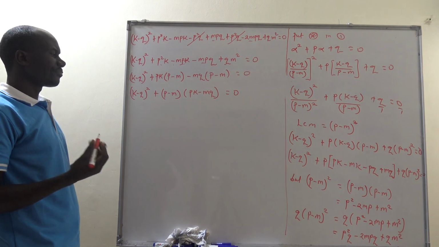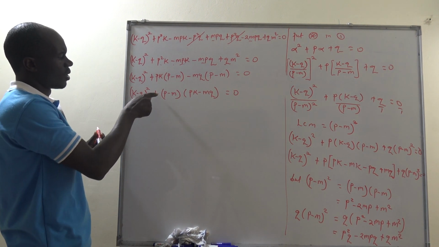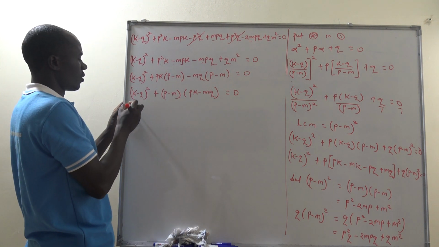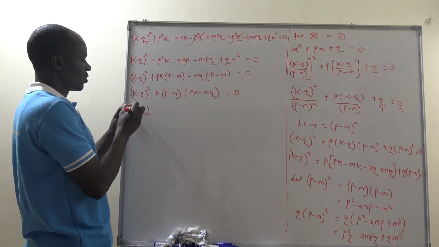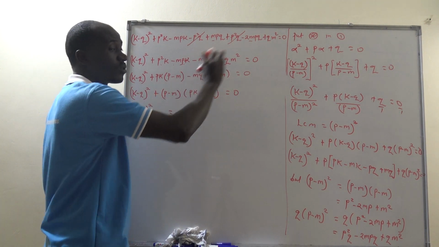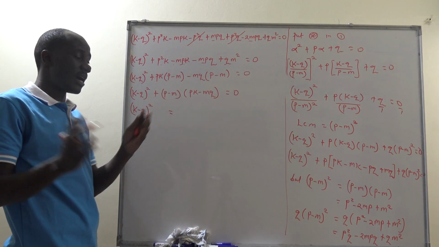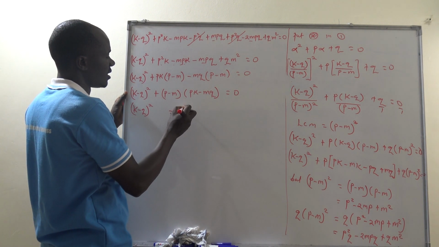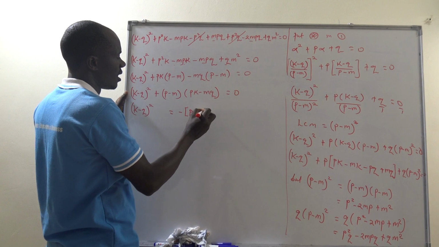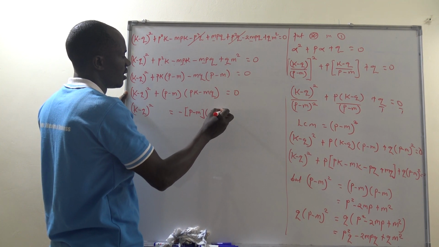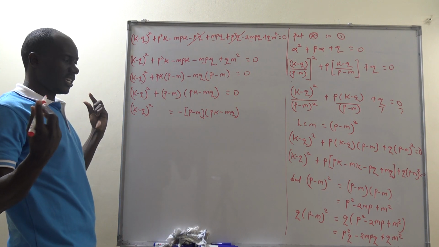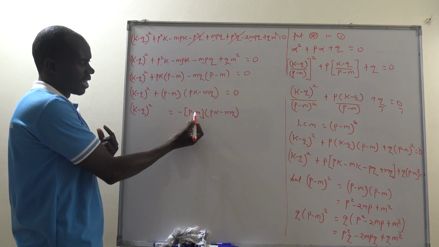So from there, look at this scenario. This one is positive. When it goes out, it becomes what? It becomes a negative. So we're going to have (k − q) squared equals, because it's positive, when it crosses the equal sign, automatically it becomes a negative. So we have a negative into (p − m), again into (pk − mq). By seeing a negative here, we insert the negative.